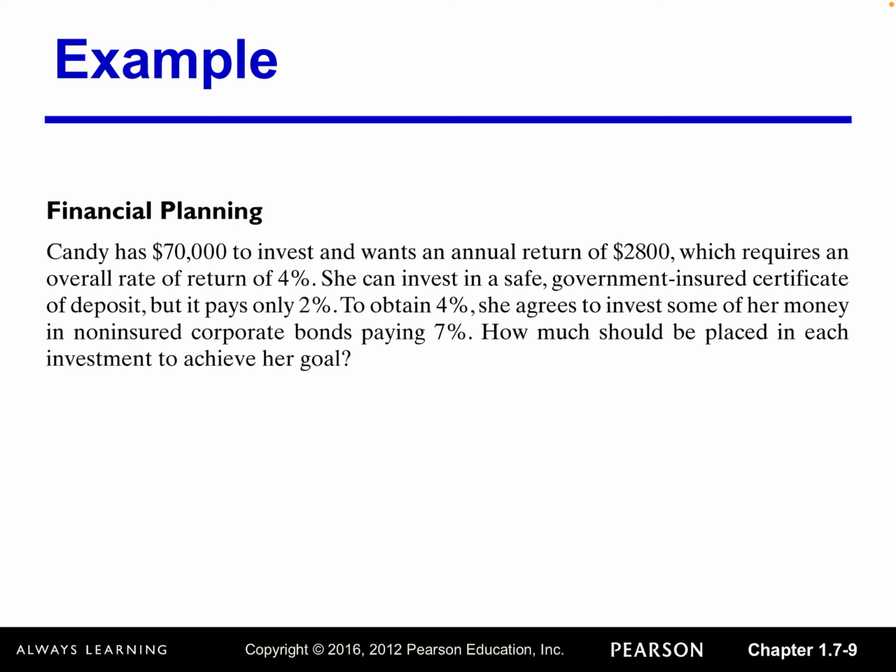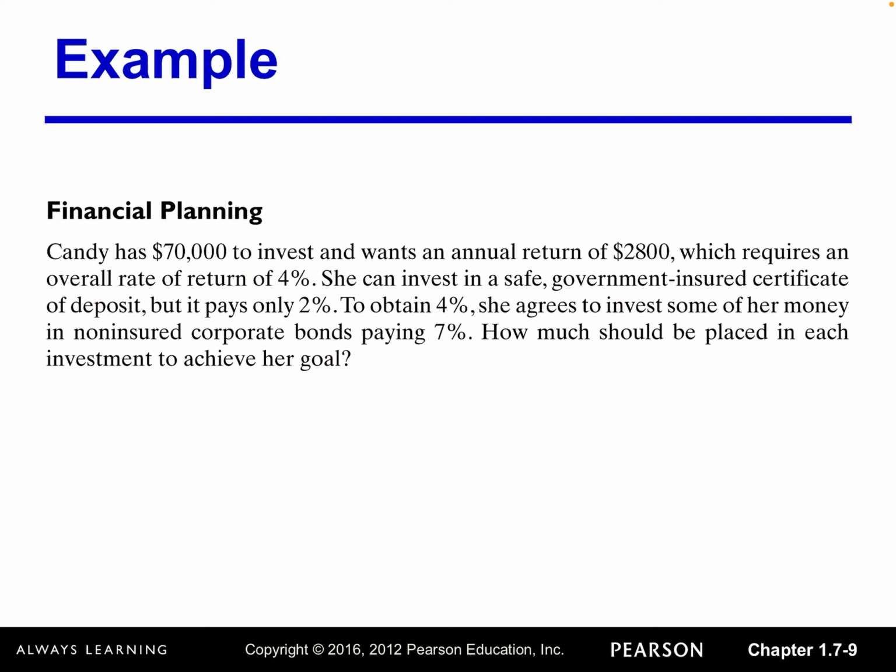All right, so now let's look at this financial planning problem. It says Sandy has $70,000 to invest and wants an annual return of $2,800, which requires an overall rate of return of 4%.